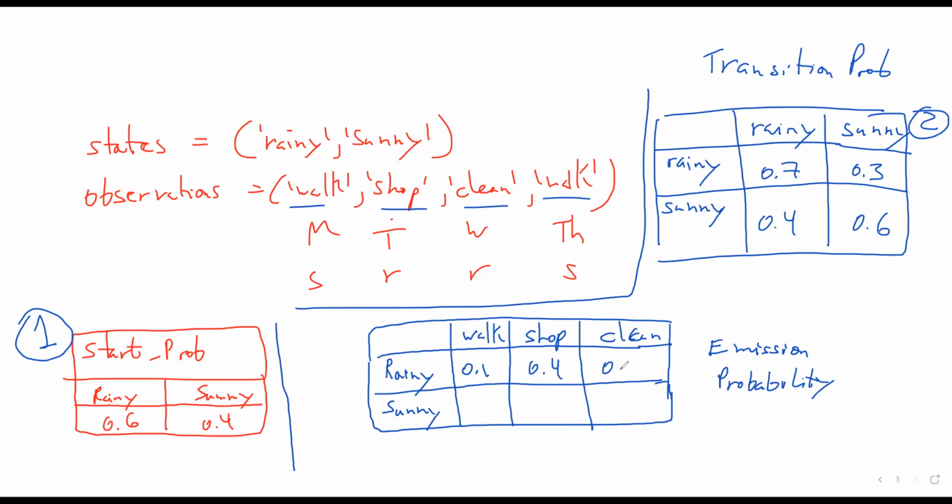Rainy to clean is 0.5. Notice that clean is the most likely given rainy. Notice also that these add up to 1. Okay, I don't know if you've noticed that. And then sunny to walk, 0.6. Sunny to shop is 0.3. And sunny to clean is 0.1. Again, they add up to 1.